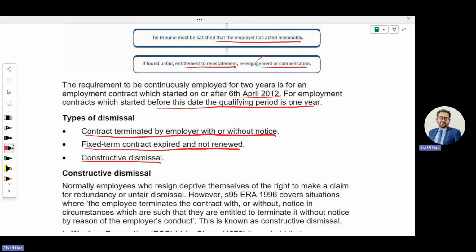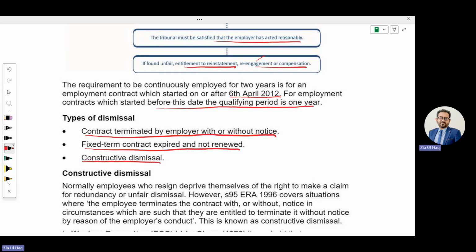It means the employee was forced by the employer's behavior to leave the job because the employer is not allowing him to work as per the contract. In that case, if the employee left the job by himself, that is called constructive dismissal. He can file suit against the employer in case of constructive dismissal as well.